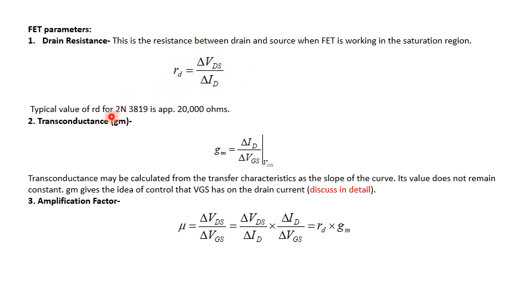Just to have an idea of the output resistance of a FET, for the 2N3819 the value of output resistance is approximately 20,000 ohms.